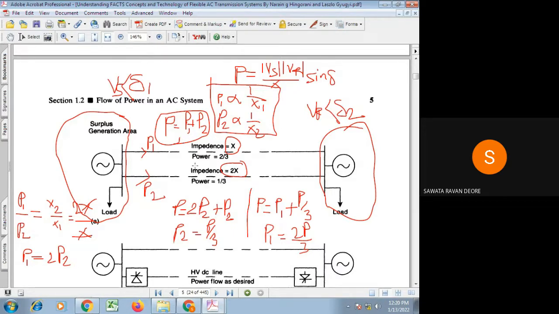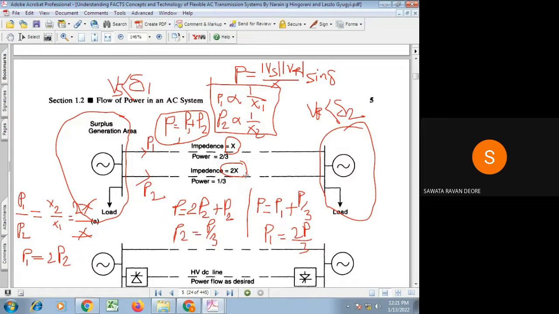For a particular loading condition, or for a particular value of P, it may happen that out of these two transmission lines, one line will reach its thermal power handling capacity, whereas the other line still has margin to reach its thermal power handling capacity.